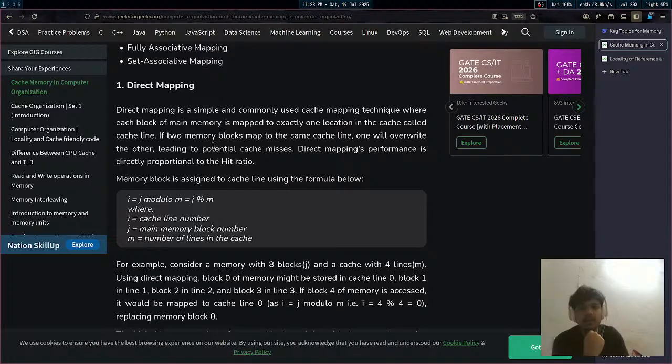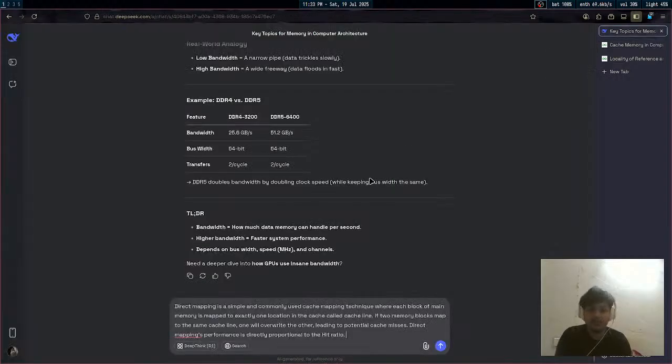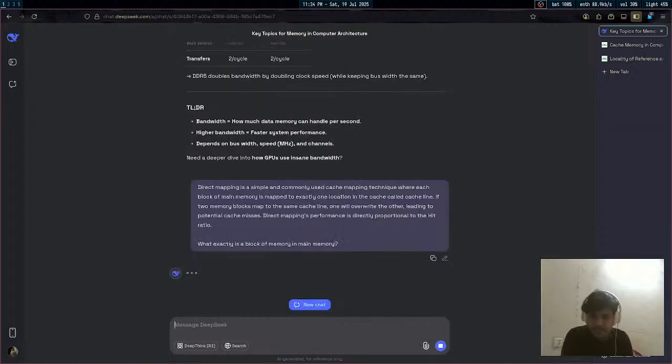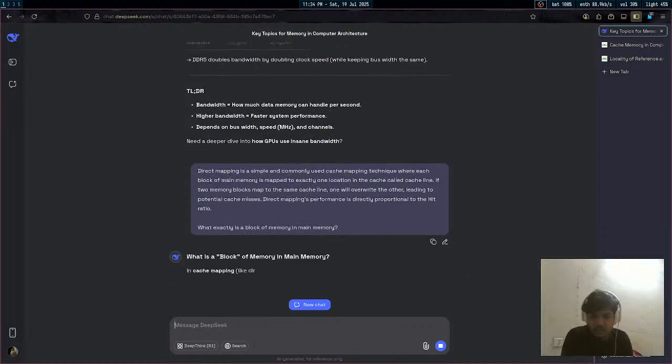Again, I understand what is happening with the cache, but what exactly is a block? What exactly is a block of memory in main memory? I hope it provides me a satisfying answer.